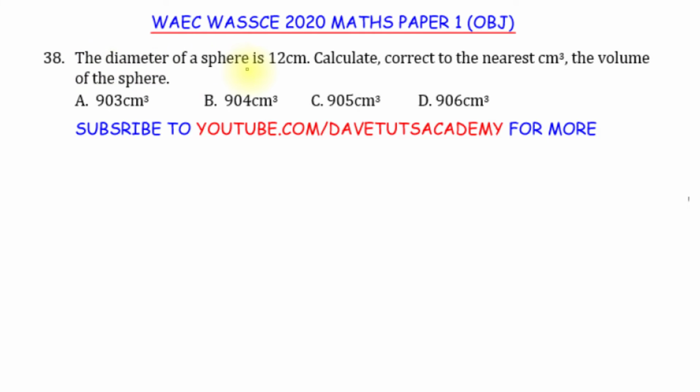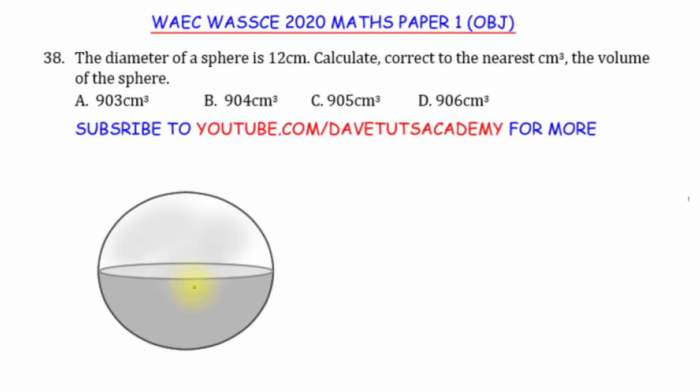The diameter of a sphere is 12 centimeters. We have to calculate, correct to the nearest cubic centimeter, the volume of the sphere. If you want to look at this question, this is a pictorial view of what a sphere looks like, but we are being told that the diameter of the sphere, that is the length from this particular side here to this other side, was given as 12 centimeters.